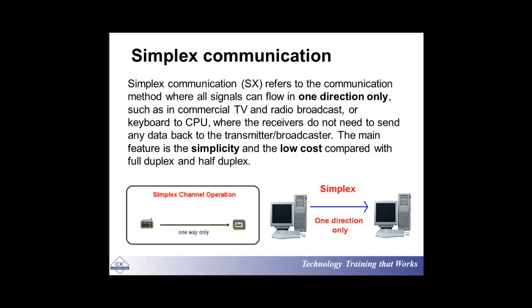For example, what you have got in a TV is one-way communication. Whatever you have got in a radio broadcast, that is also one-way communication. This is what we call simplex communication. Sometimes when we send information between points A and B, it is just a one-way street.